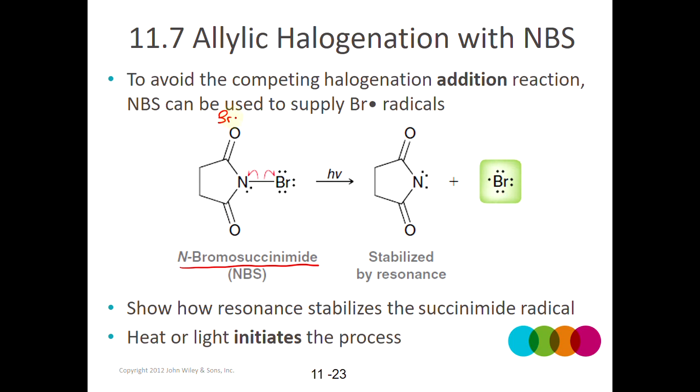So instead of using Br2 and using the light to break that sigma bond homolytically to produce bromine free radicals, if I have an N-Br, those nitrogen and bromine have very similar electronegativities. The light energy can hit that.